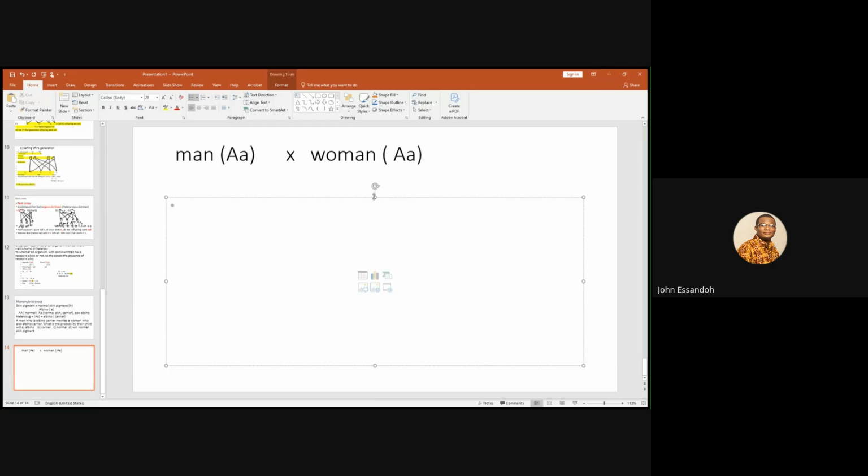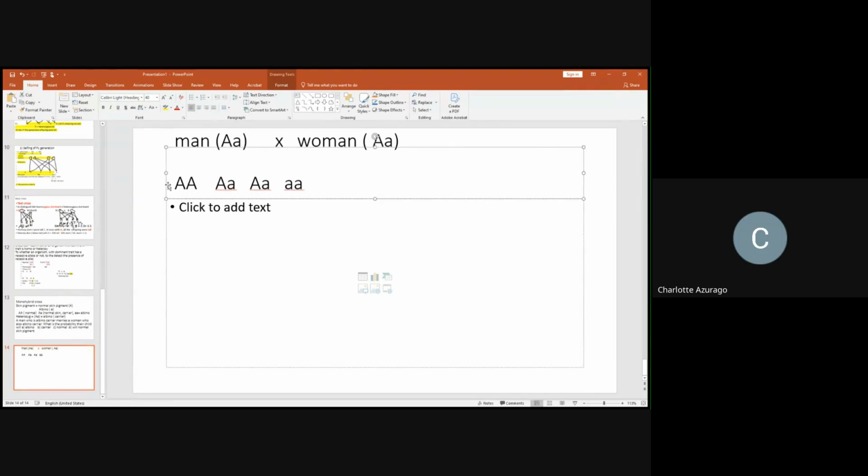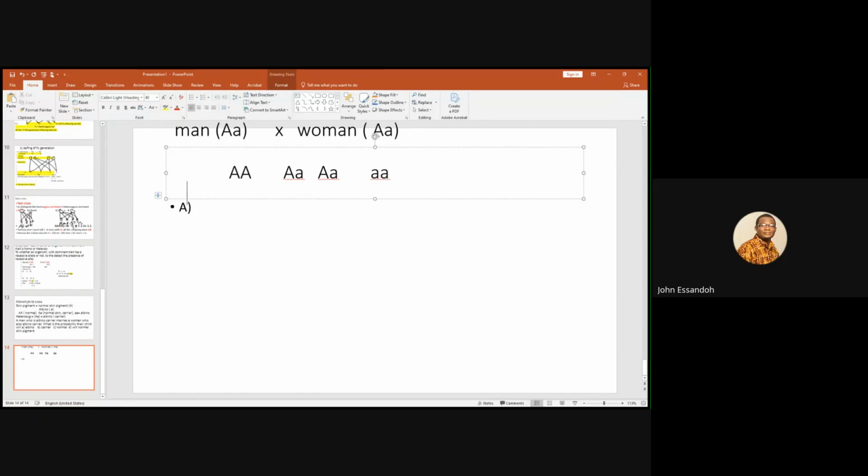We'll get capital A capital A, capital A small a, capital A small a, small a small a. Do you all agree to that? Yes. All right. So with this, question one, this one is normal.